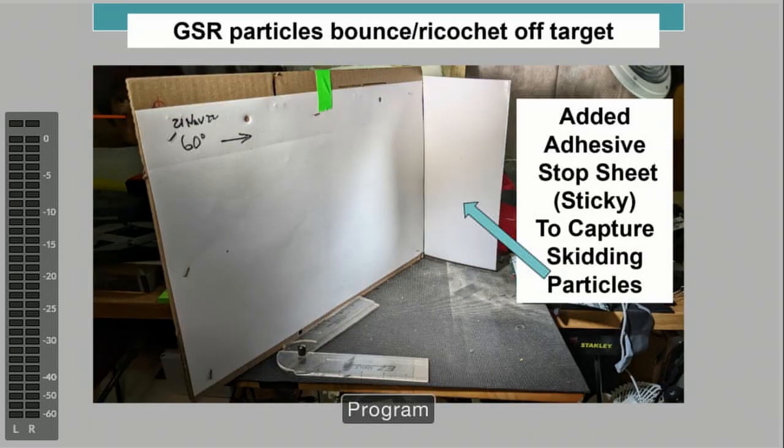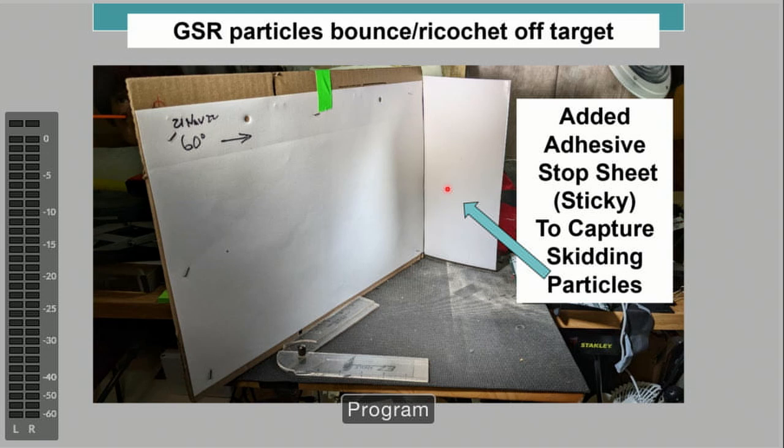To test this, to see where these particles go and how much of the particles will skid off, I created this little test with an adhesive sheet. I put this adhesive sheet perpendicular to the plane of the target. It's a sticky sheet, one of these peel-off boards that you mount something on or stick to a wall.